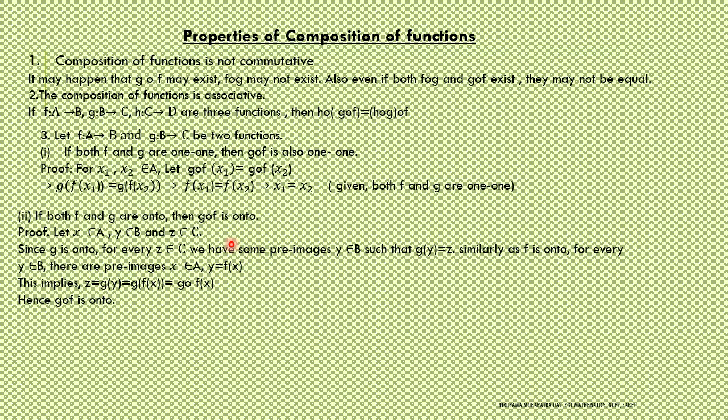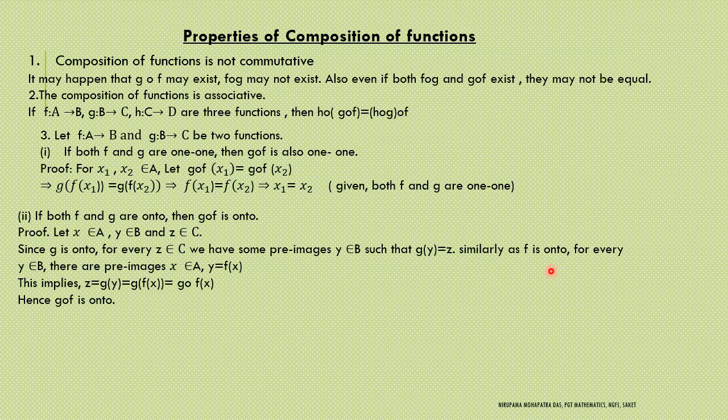Range equal to codomain. It means for every element y belonging to B, there are preimages in A, right? So when g is onto, for every z belonging to C, we have some preimage y belonging to B such that g(y) equal to z.